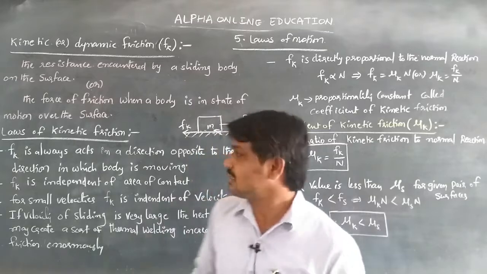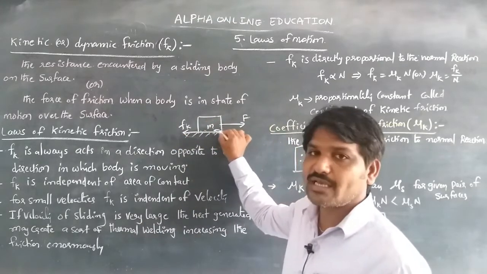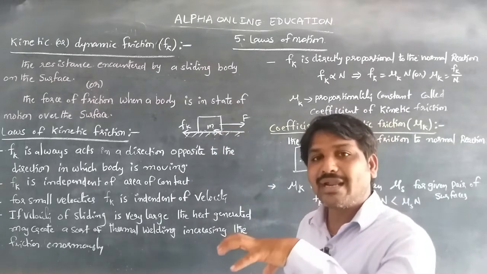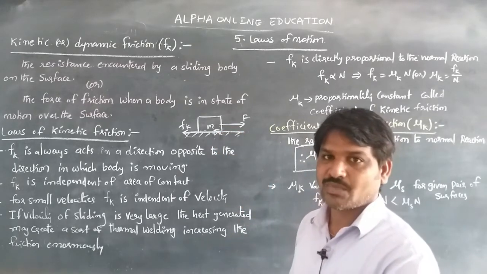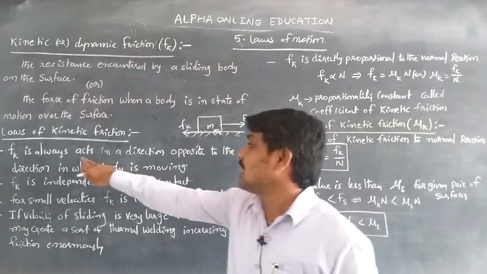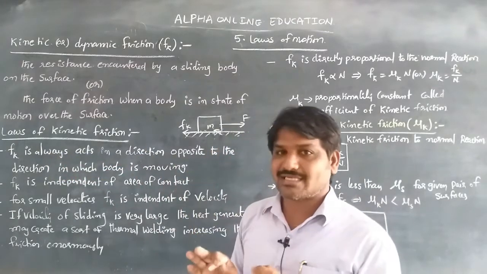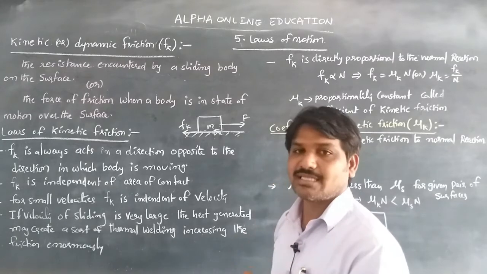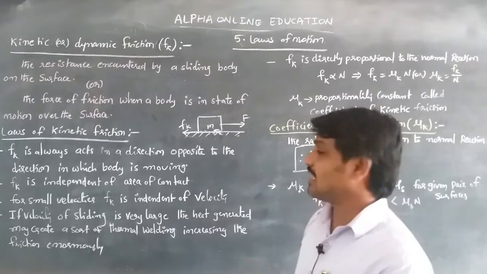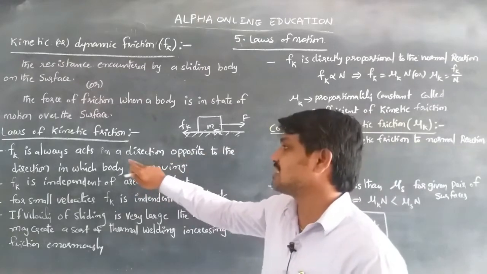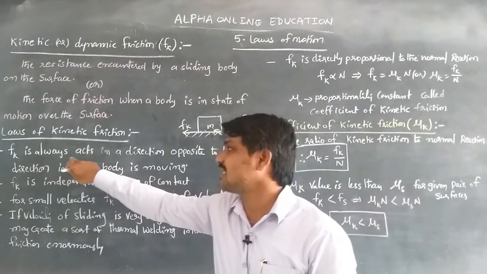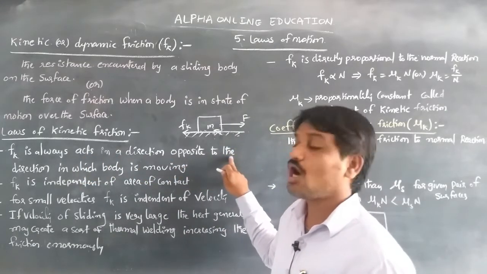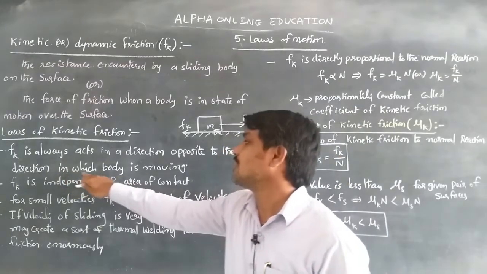So we can say that the kinetic friction, when the body is in motion, offered by the surface is less than the friction when the body is in a static condition. Like static friction, kinetic friction always acts in the direction opposite to the direction of motion of the body. Fk, the kinetic friction, always acts opposite to the direction in which the body is moving.